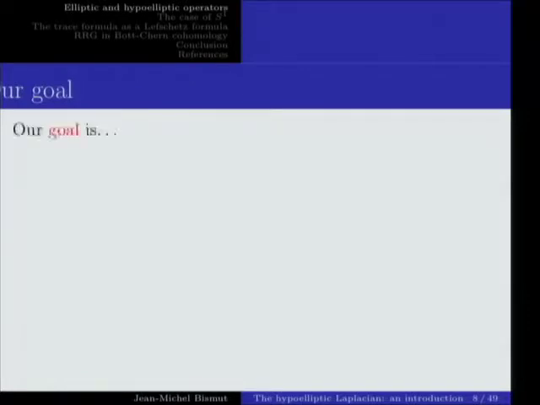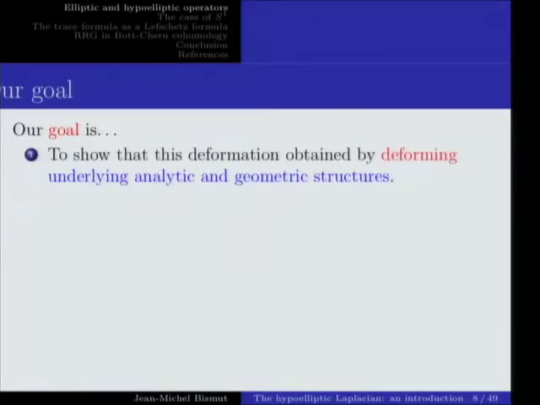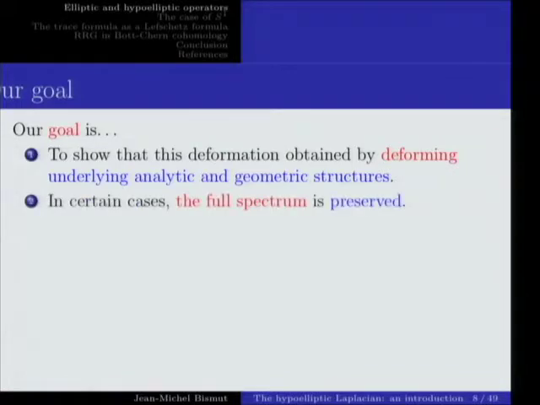So what is our goal? Our goal is to show that this deformation is obtained by deforming the underlying analytic and geometric structures. It is not only the operator as a Laplacian that we deform. We deform all the underlying geometric analytic structure, like Hodge theory.